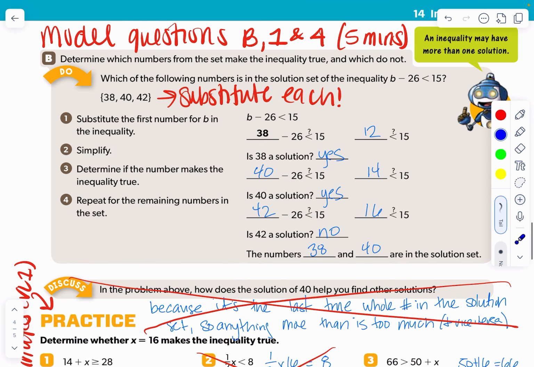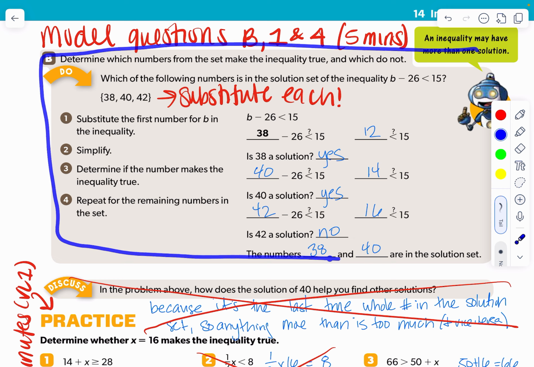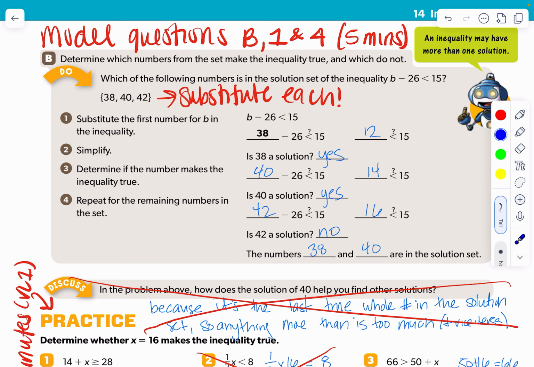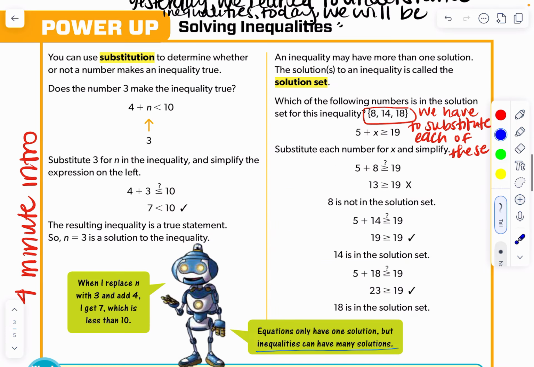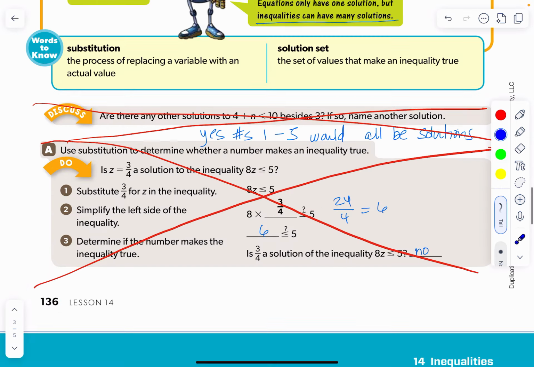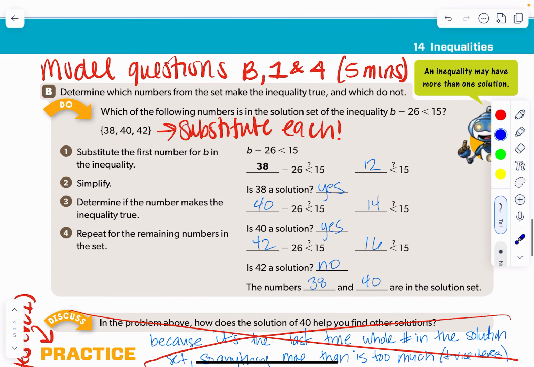So based on that, you are going to go ahead and model for students question B. It's the exact same strategy that I used up here during the introduction, where you are given a solution set. You're given 38, 40, and 42. You are going to plug each of those numbers in as a substitution for b and then subtract 26.